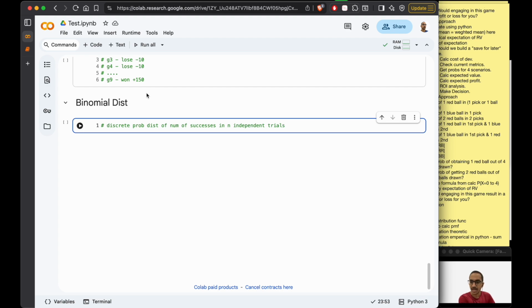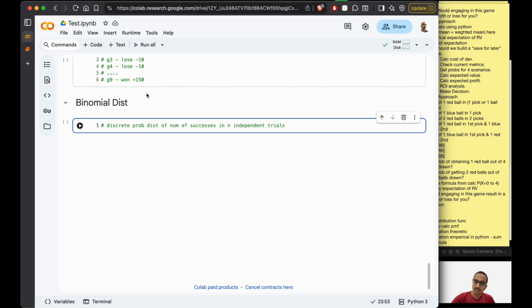And one of the things is the outcomes of a binomial distribution can either be a success or a failure. You can either have a win or loss, success or failure. It's a binary outcome.